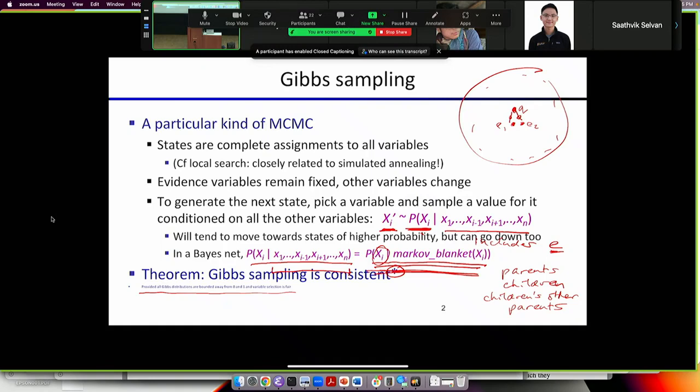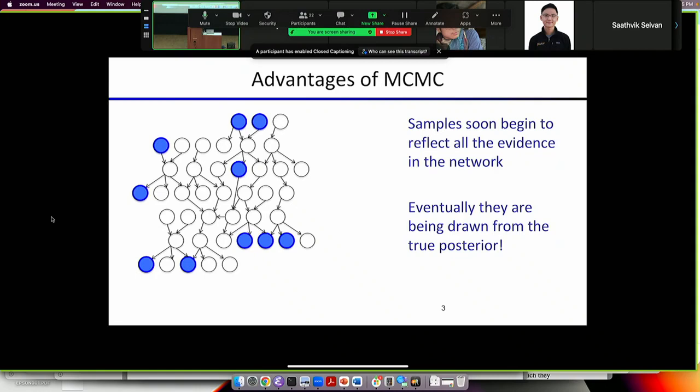Okay. Any questions about this? This is the general scheme. And as I said, it propagates information. So if this is the network, and I've drawn in blue, the blue ones are the evidence variables, so they're already fixed. And now I say, okay, well, I'm going to sample all the variables, all the white ones, right?